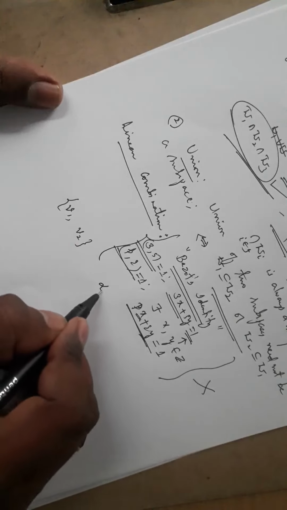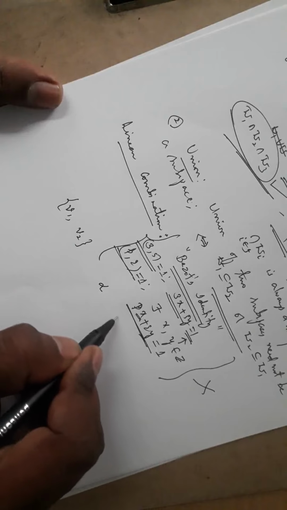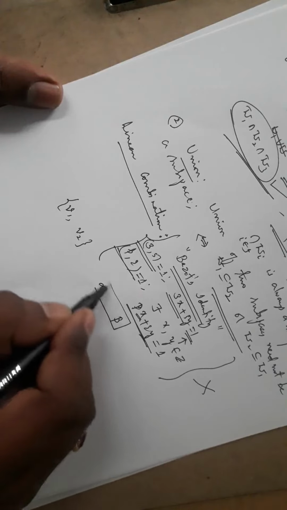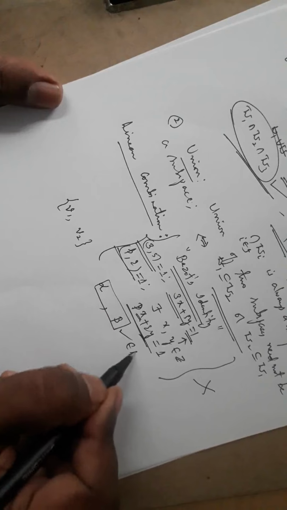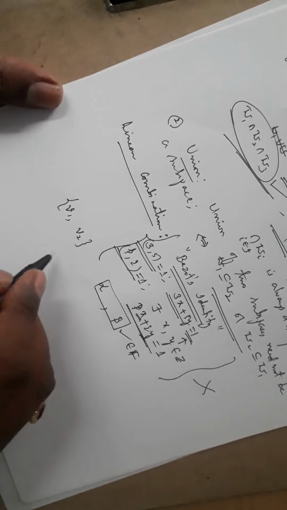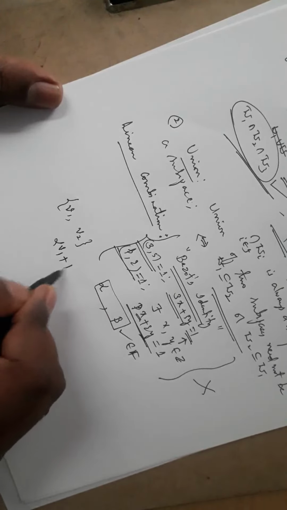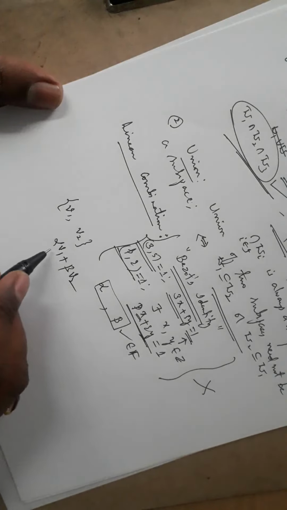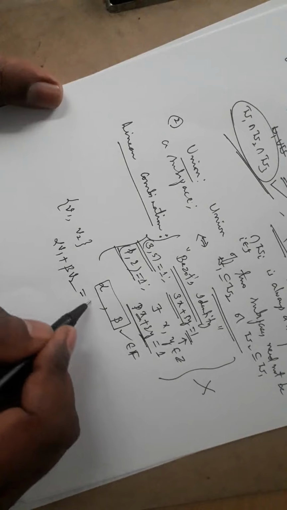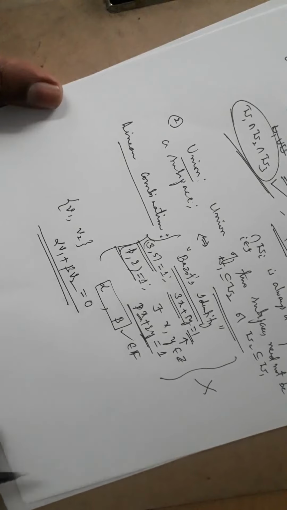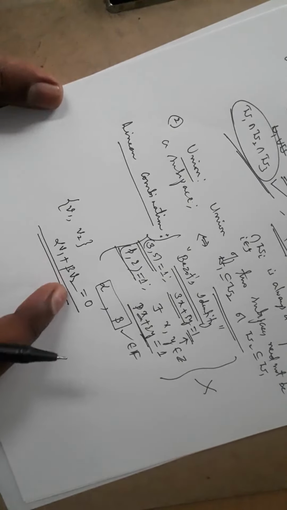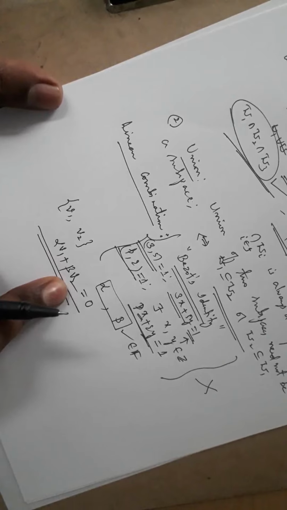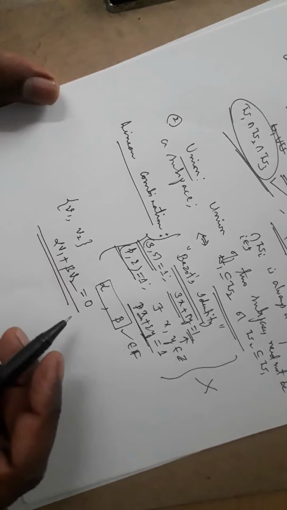You take any scalars, alpha and beta. You take 2 scalars. And you just write alpha V1 plus beta V2 equals 0. This is a linear combination of V1 and V2. Getting my point?